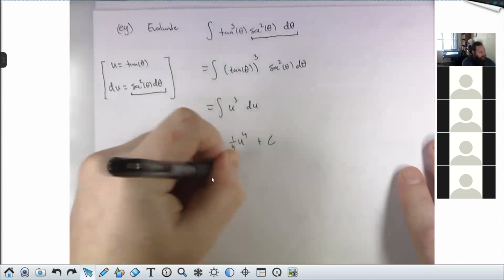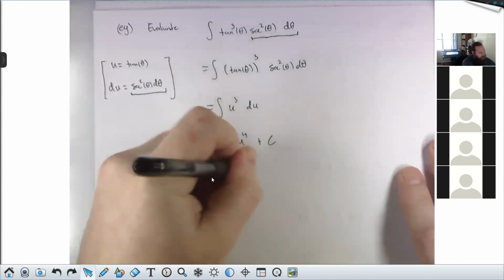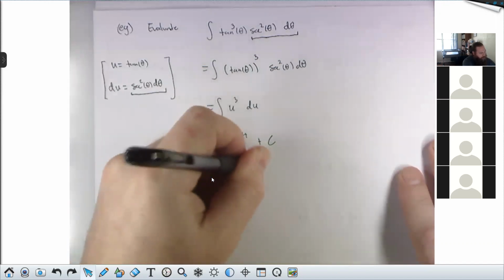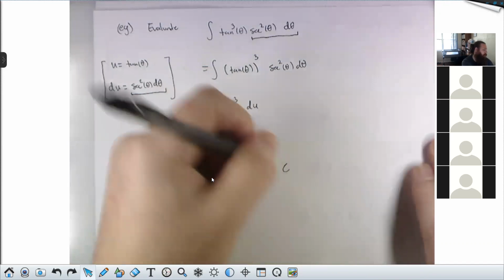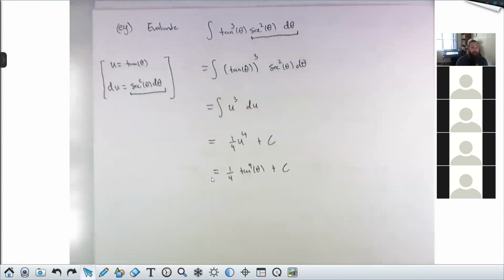And that would be 1/4 tan to the 4th theta plus c. Sine cosine integrals can go like this also. Let me try.